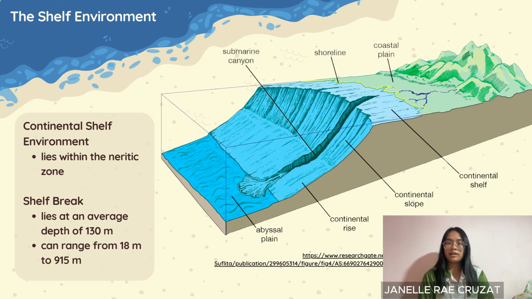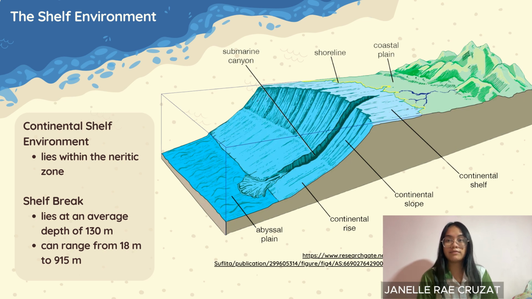Next, we have the shelf break. This is the point where the continental shelf transitions to a much steeper continental slope, as seen in the image. So, on modern continental shelves, the average depth of a shelf break is said to be around 130 meters.